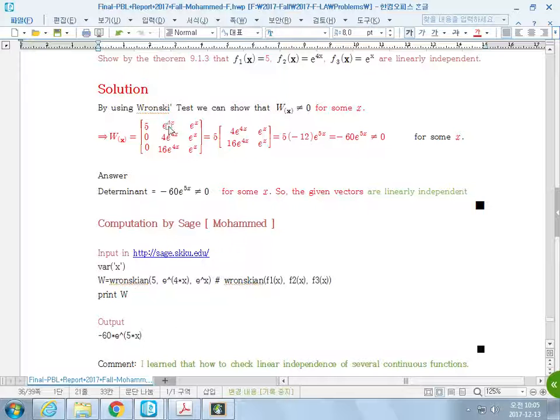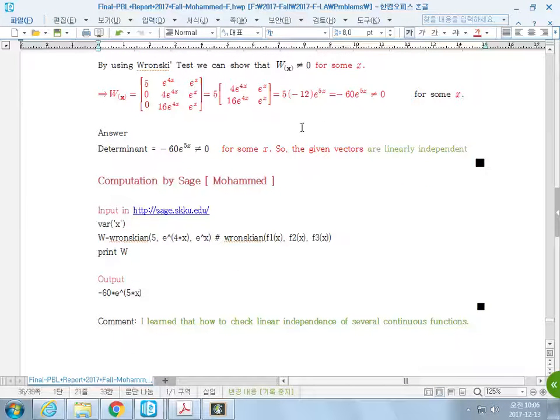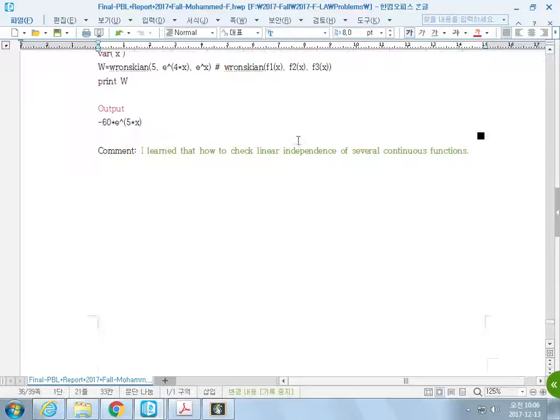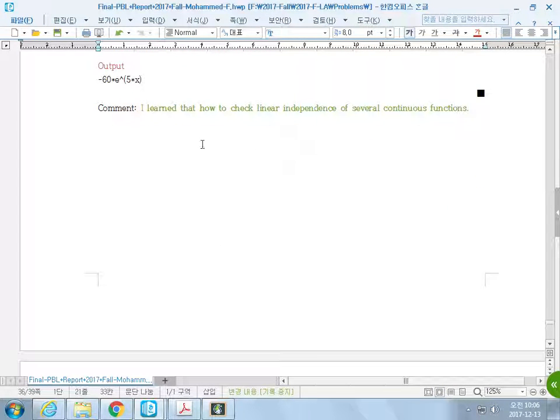So here we take the derivative of the second and the third one, then we multiply by the constant 5. So it was minus 16, which is not equal to 0, which means this is linearly independent. So my comment through this problem, I learned how to check linear independence of several continuous functions.